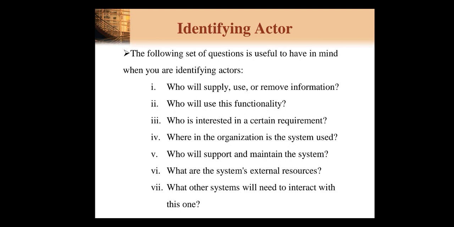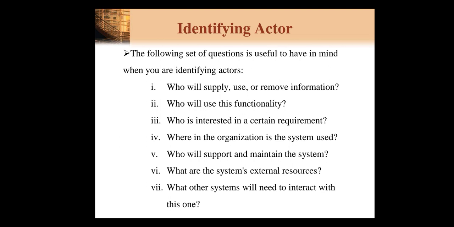Then who is interested in certain requirements? There are different actors playing roles while carrying out the different functions of a system. So we have to keep watch on who is interested in certain requirements, and in which organization the system is used.